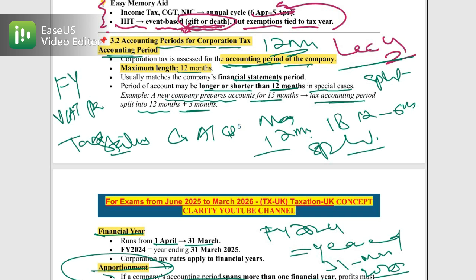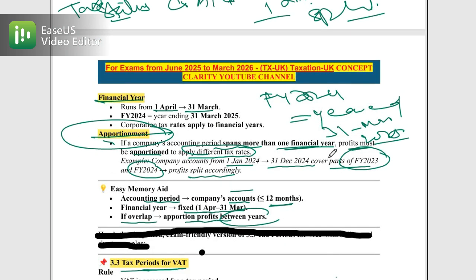Okay. Then you have the financial year for corporation tax. The corporation tax rate is applied to the financial year, which runs from 1st April to 31st March. For example, the financial year 2024 is the year ending 31st March 2025.